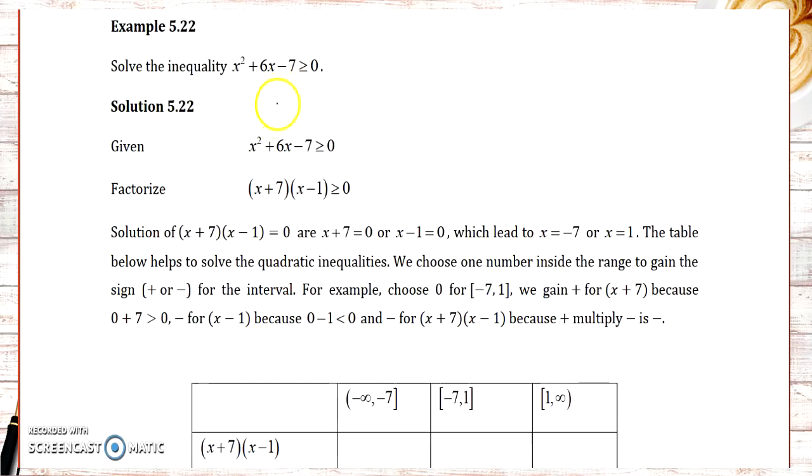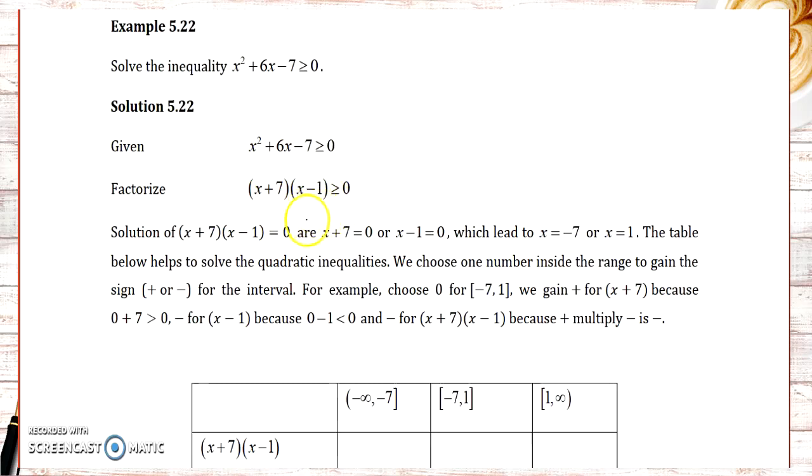For this example, we can factorize. We have x squared plus 6x minus 7, which factorizes as x plus 7 and x minus 1, with the left hand side greater than or equal to 0.